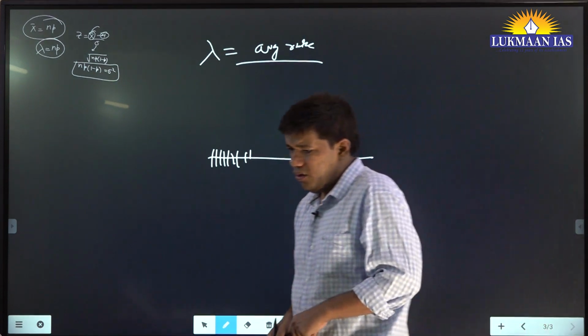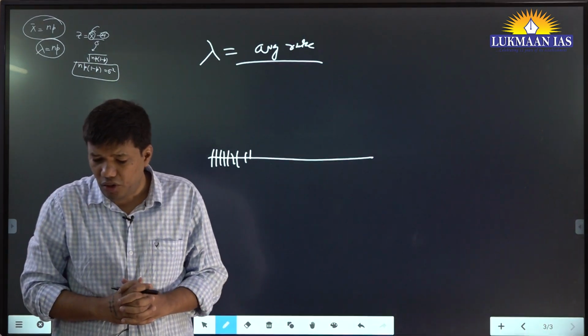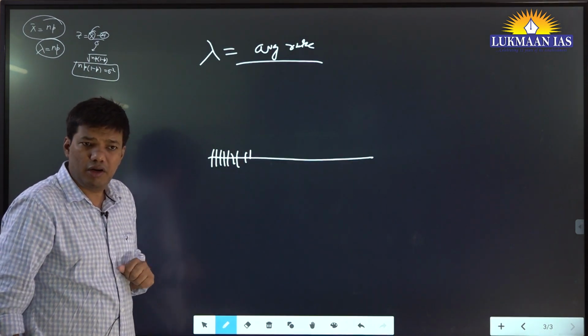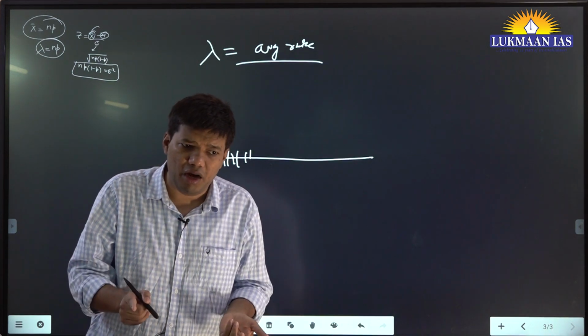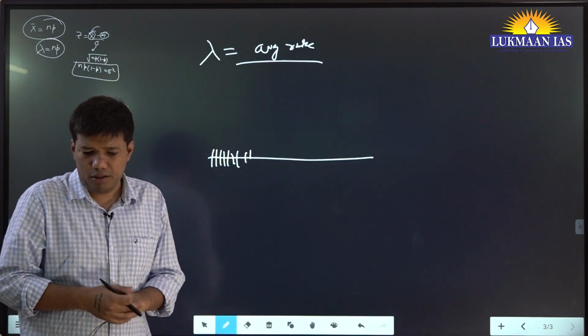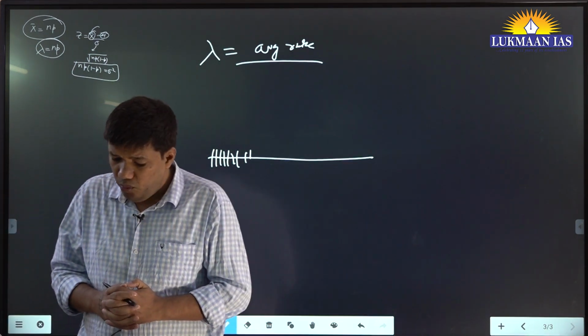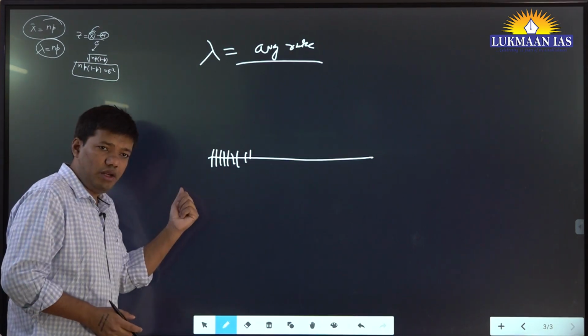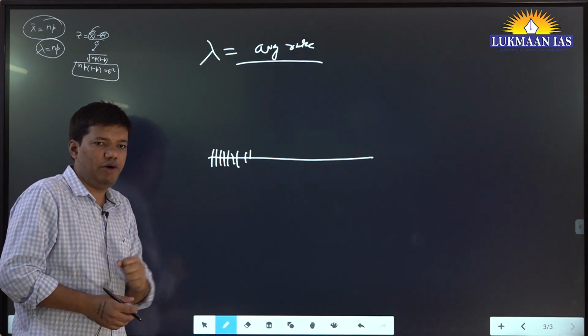Fine. So the probability of occurrence of an event is constant for all subintervals. Do not say 1 or 2 or even half. Say constant. Second, there can be no more than one occurrence in each subinterval. There can be less than one, but cannot be more than one in each subinterval.